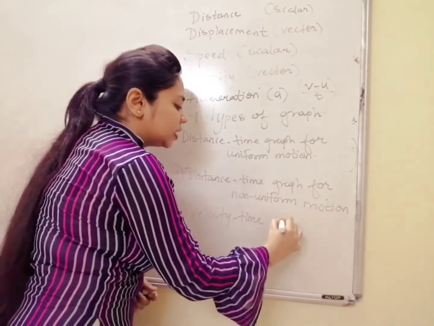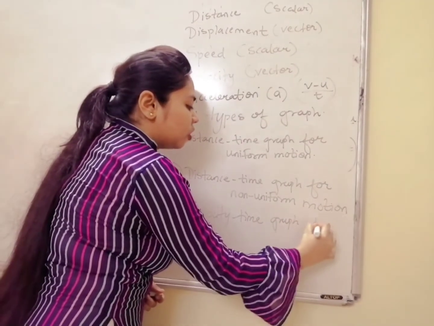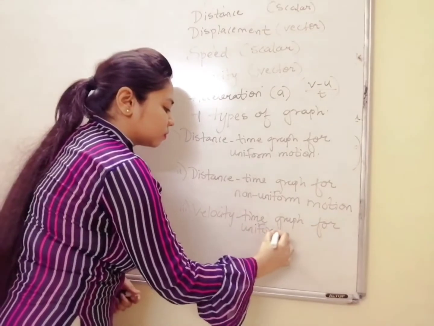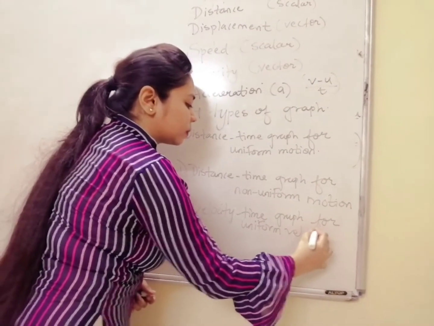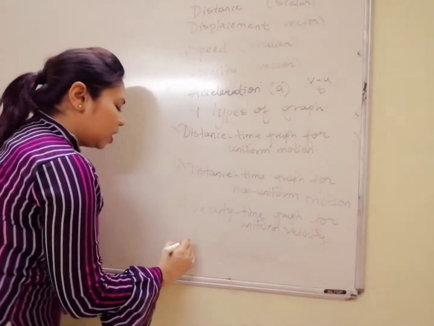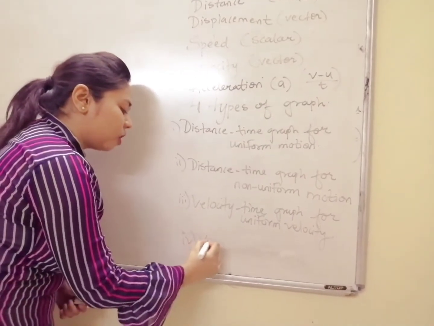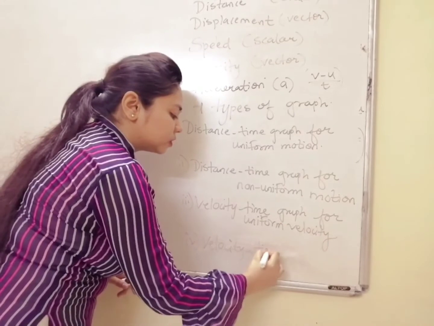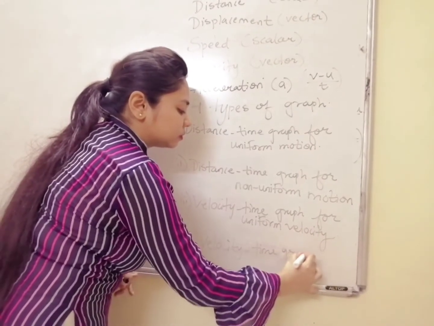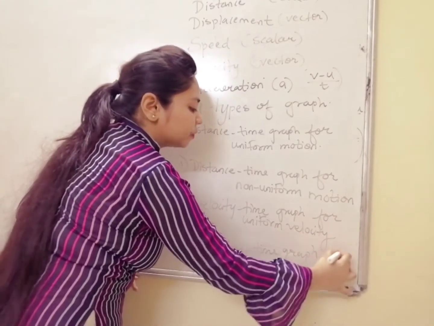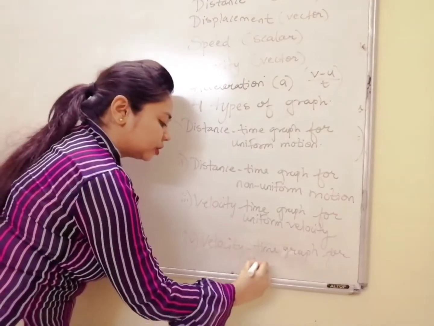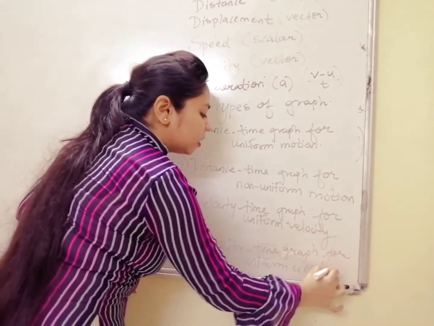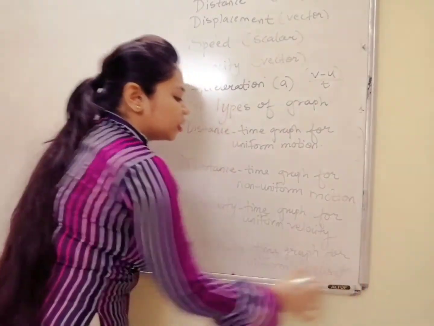Velocity time graph for uniform velocity. And the last one we studied was the velocity time graph for uniform acceleration.